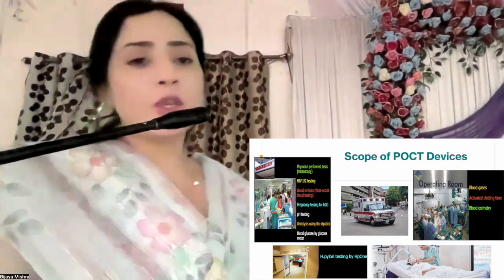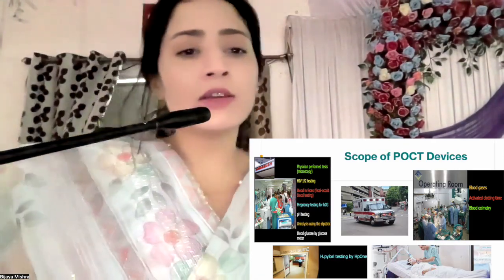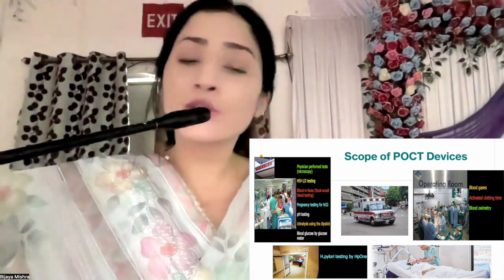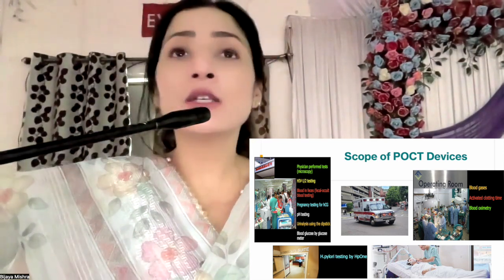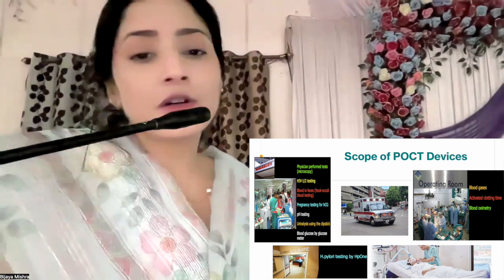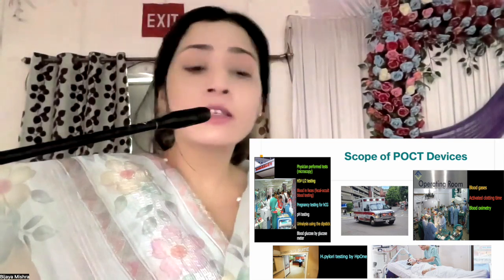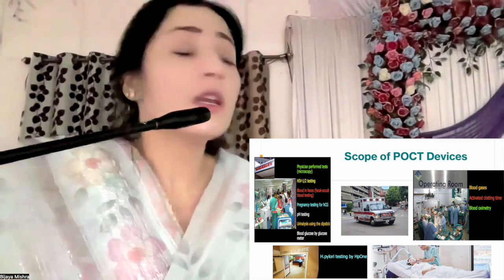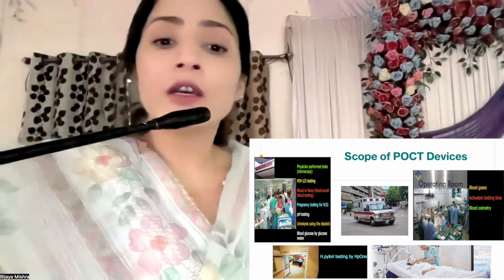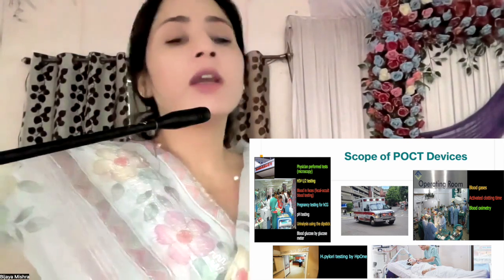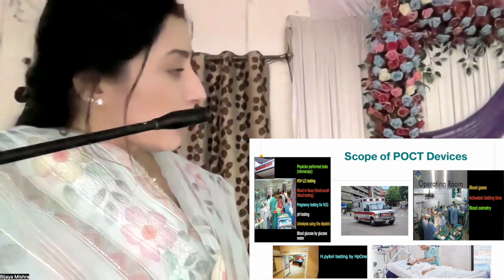So the scope of POCT devices, if we see here, includes the CCU, ICU, the surgical ward, the operation theater, the emergency department, the pediatric units, clinics, physician offices, nursing homes, even the ambulance for monitoring patients who are at the acute stage.